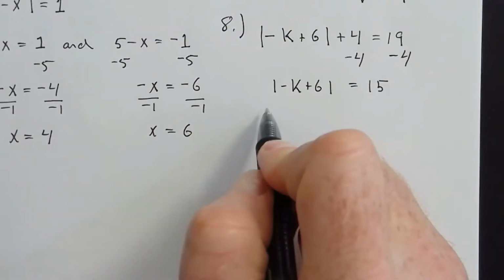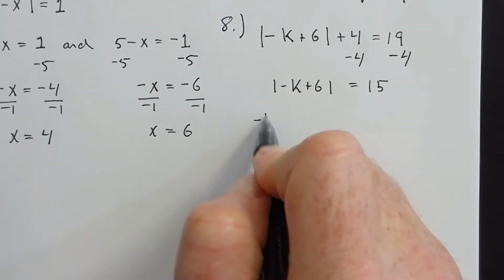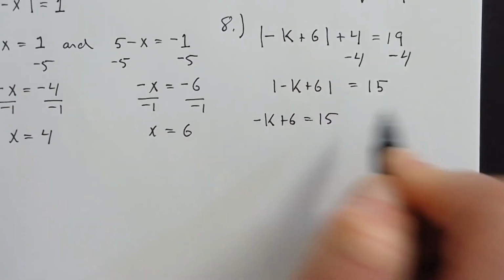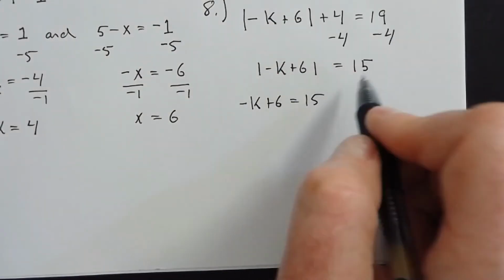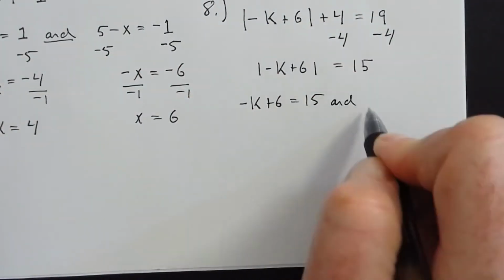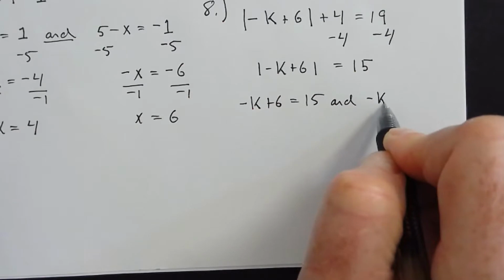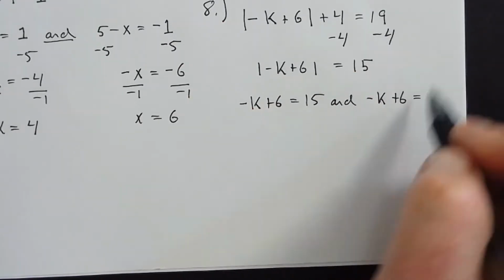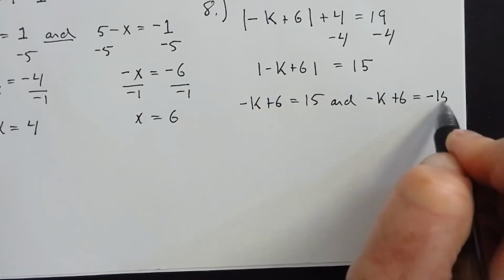Drop the absolute value bars and set negative k plus 6 equal to positive 15, and negative k plus 6 equal to negative 15.